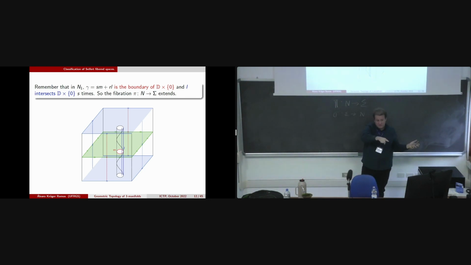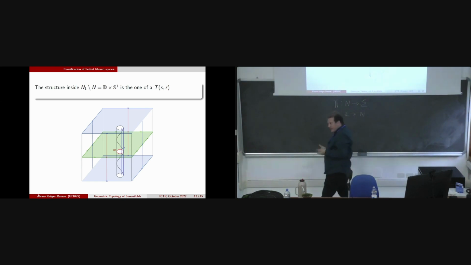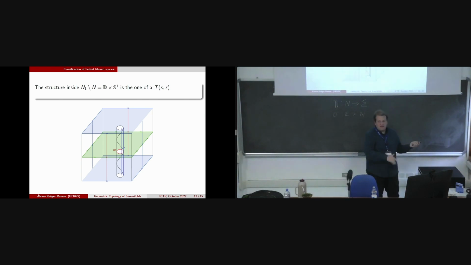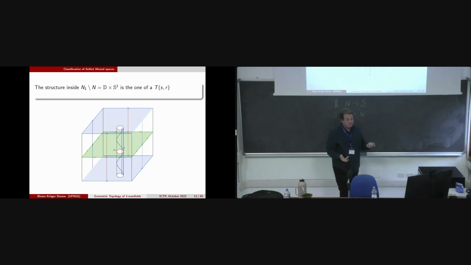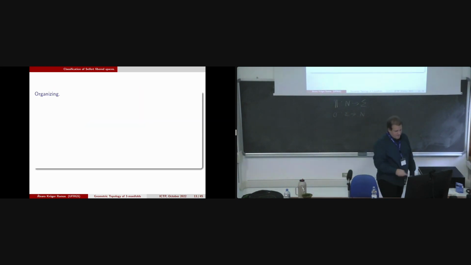In this picture, this curve is a vertical straight line, but on our solid torus, this curve is something that goes around. And now the fibration extends, and not only extends, but we understand this fibration is exactly the structure of a Seifert fibration over the solid torus. And now we added one cone point of angle 2π over s. Okay, let's organize this.